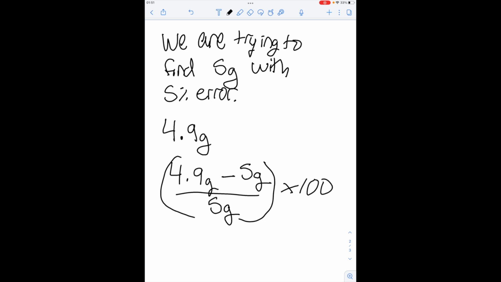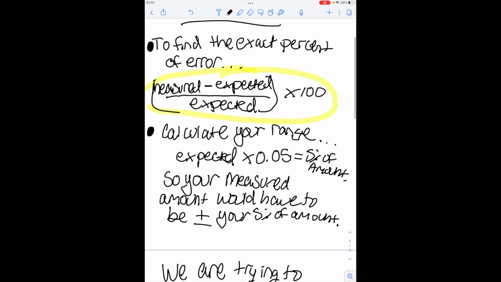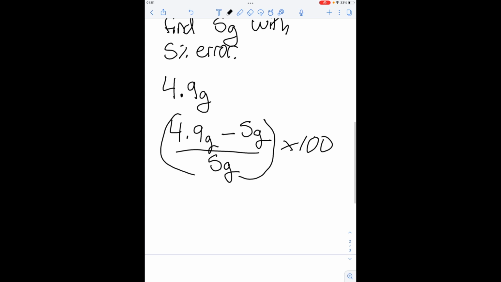And I'm doing this just by plugging our amounts into our given formula. Measured minus expected, divided by expected, times 100.